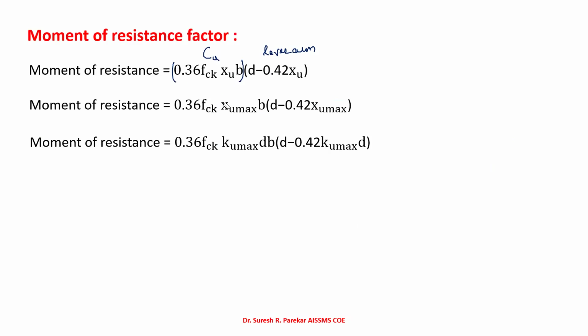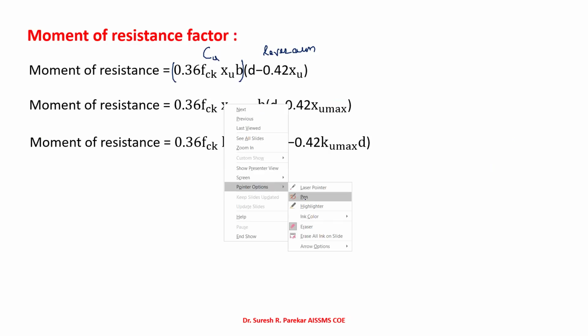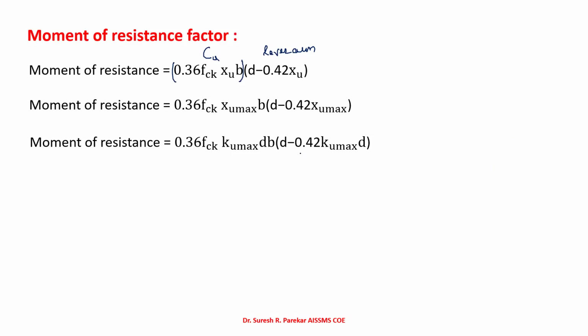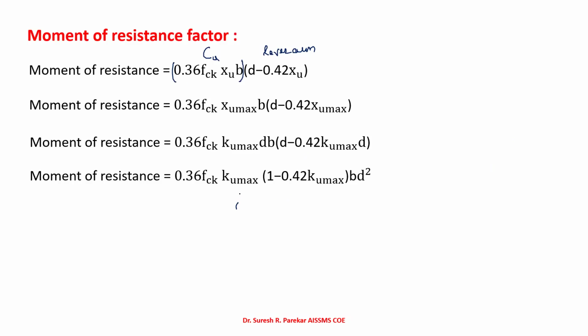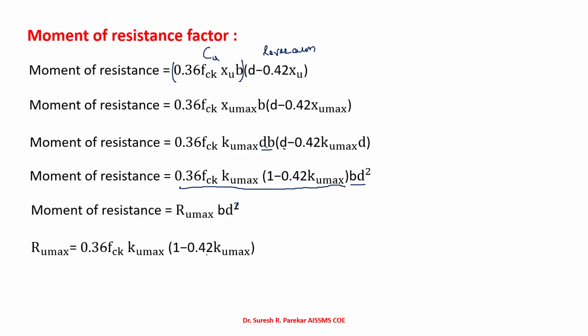Now I put this Xu max, that is equal to Ku max into d. Here we take d common, and from this we get 0.36 fck Ku max. This b d² is taken outside, and then this portion will be your moment of resistance factor, Ru max, and we have this value of Ru max.